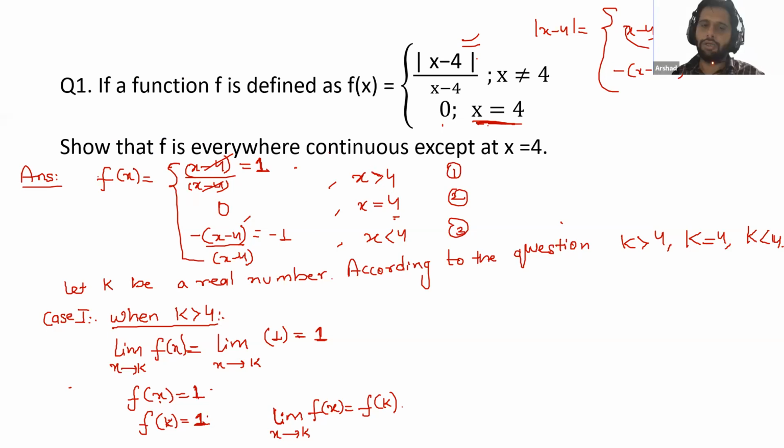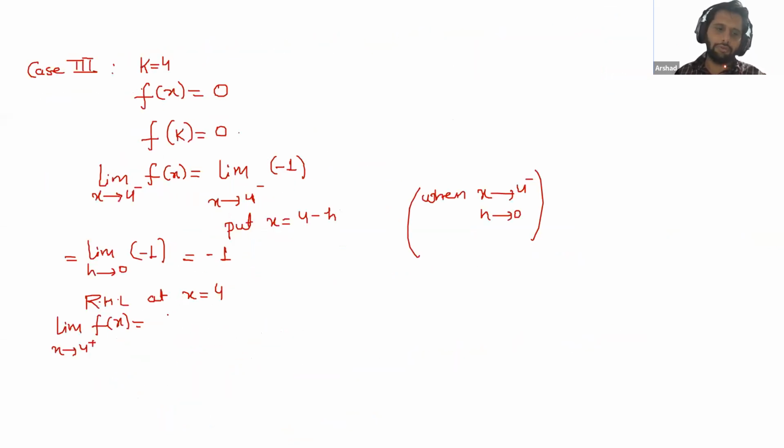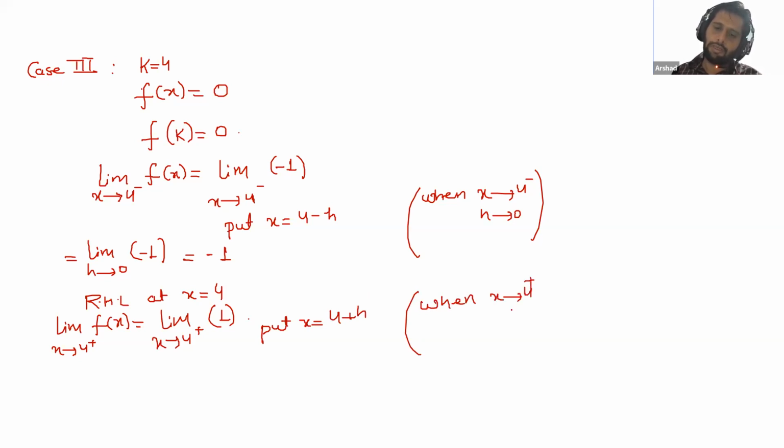Please check here, for RHL, 4 plus means you are approaching from the right side, so the value is greater than 4. So that is 1, and we will use the first function. Limit x tends to 4 plus of 1. Now please write here, put x is equal to 4 plus h; when x approaches 4 plus, h tends to 0. This is equal to limit h tends to 0 of 1, so we will get 1 only.